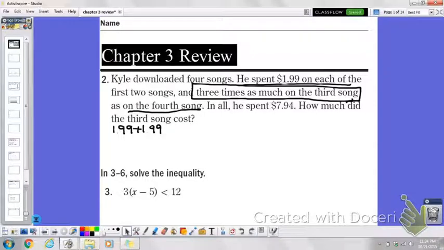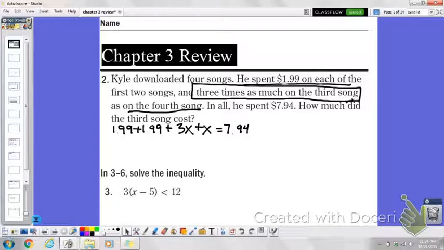If we make the fourth song cost X amount, we don't know how much it costs, so we'll just make it X. We know that the third song costs 3 times X, and the fourth one will just cost X. So we'll have the equation $1.99 plus $1.99 plus 3X plus X equal to $7.94.